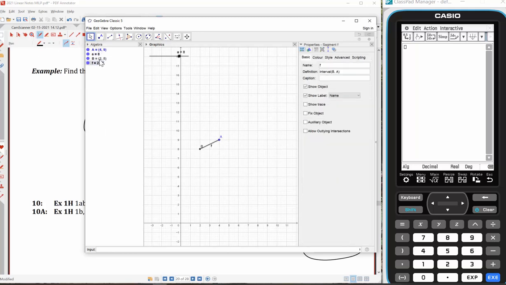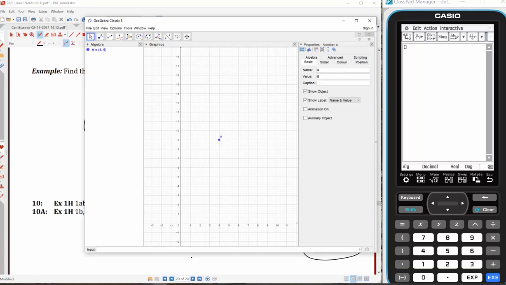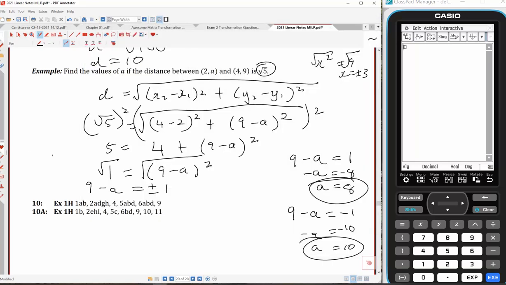I'm going to do it more formally and put in the two possible values, which are 2, 8 and 2, 10. These are the two possible solutions. Again, draw the line segment in for both. Hopefully that makes it really obvious that both of those line segments are exactly the same distance.